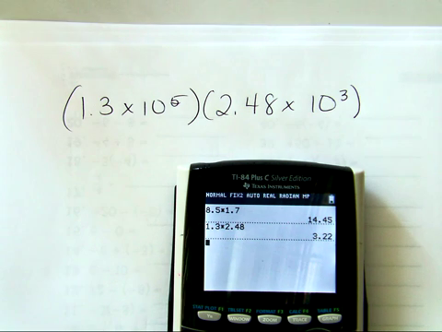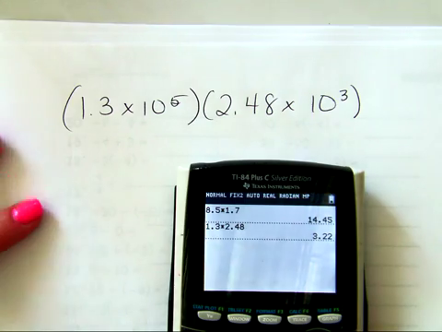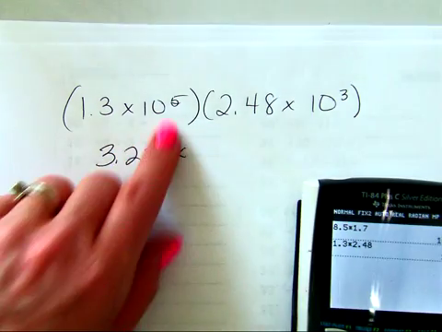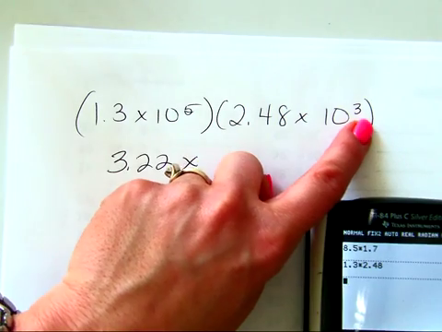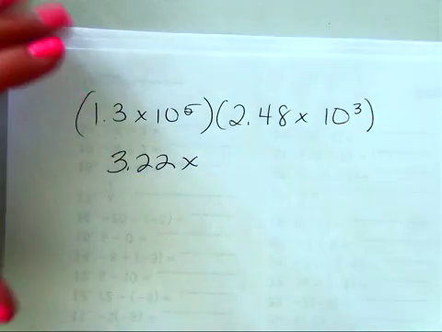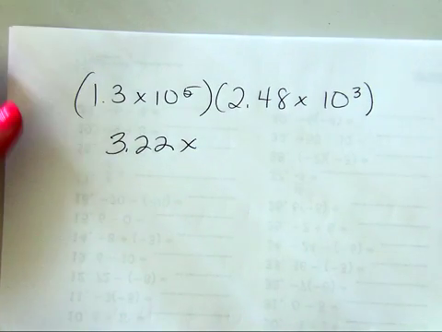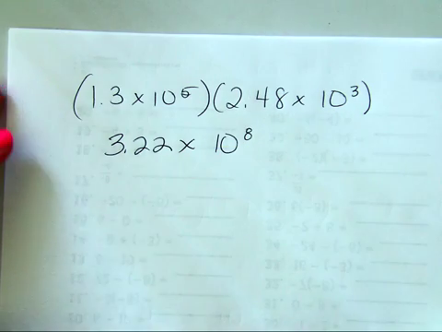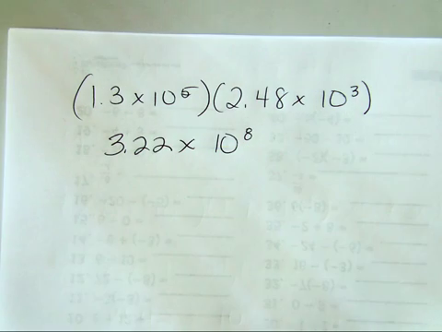And when you get that answer, you go, yes, because it's already set up to be in that one number. You're not going to have to move anything. So you have 3.22, and then you add 5 plus 3, right? Because that's what you do with exponents when you're multiplying. So 5 plus 3 is 10 to the 8th. And if the question says, put your answer in scientific notation, you're done.